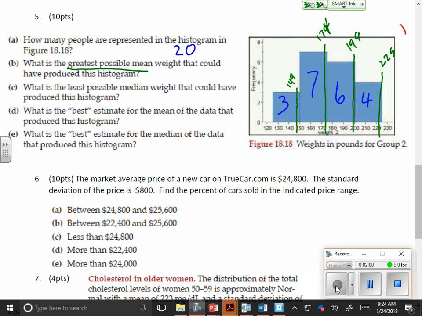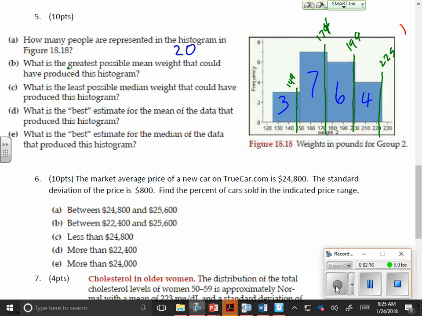And so we go back and do the same thing we did on the previous problem when we use the midpoint of each of those sections. 3 times 149 plus, and you keep this in your calculator, and then you can come back and change some of the numbers as you need.